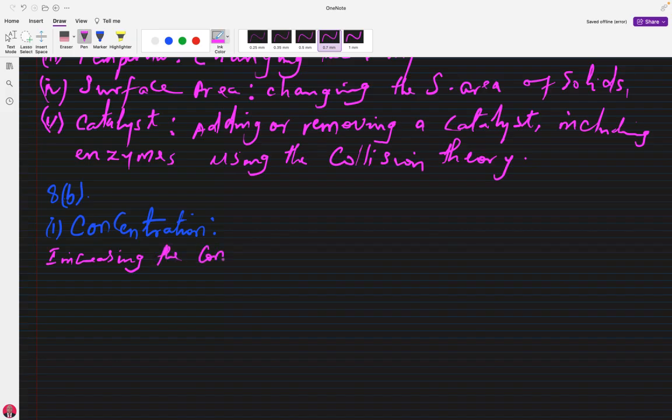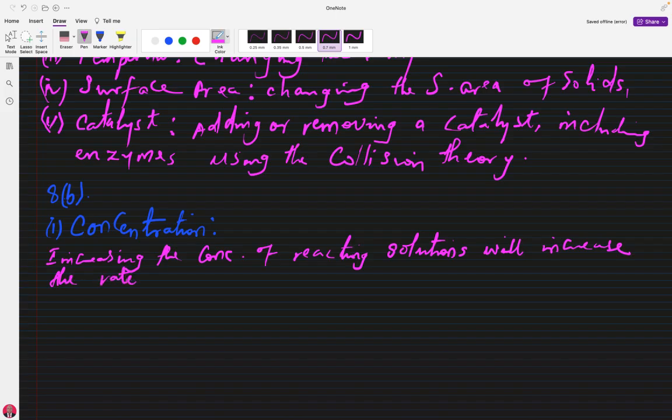Increasing the concentration of reacting solutions will increase the rate of reaction, and vice versa.